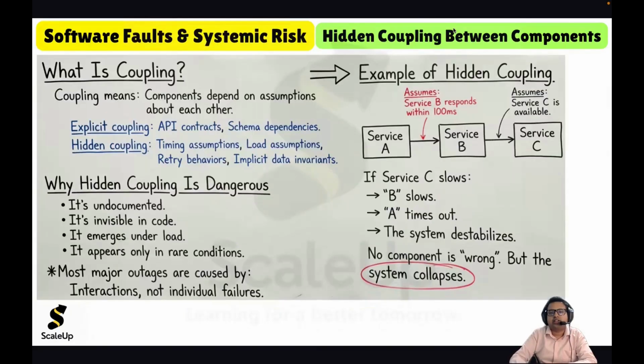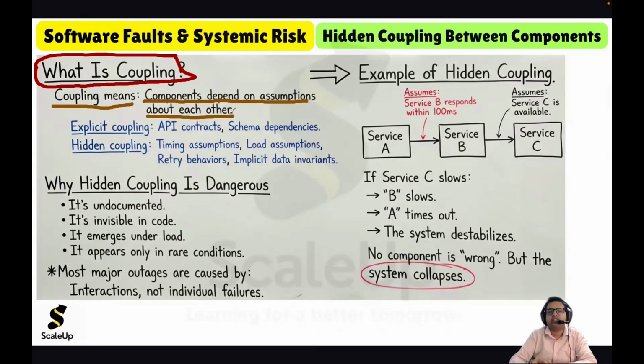Hidden couplings between components. Let us understand what coupling is in software systems. Coupling is a sort of interdependency. Coupling means components depend on assumptions about each other. Coupling means dependency, that software components are dependent on each other.